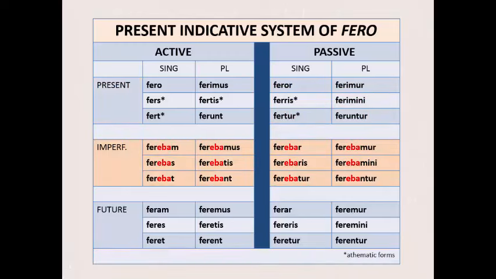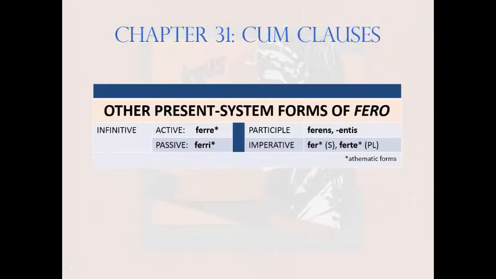The imperfect? Totally third conjugation regular. Ferebam, ferebas, active and passive. The future? Behold, the E and A in the first person singular you'd expect in a third conjugation verb. Nothing new to learn here. And the other forms in the present system?